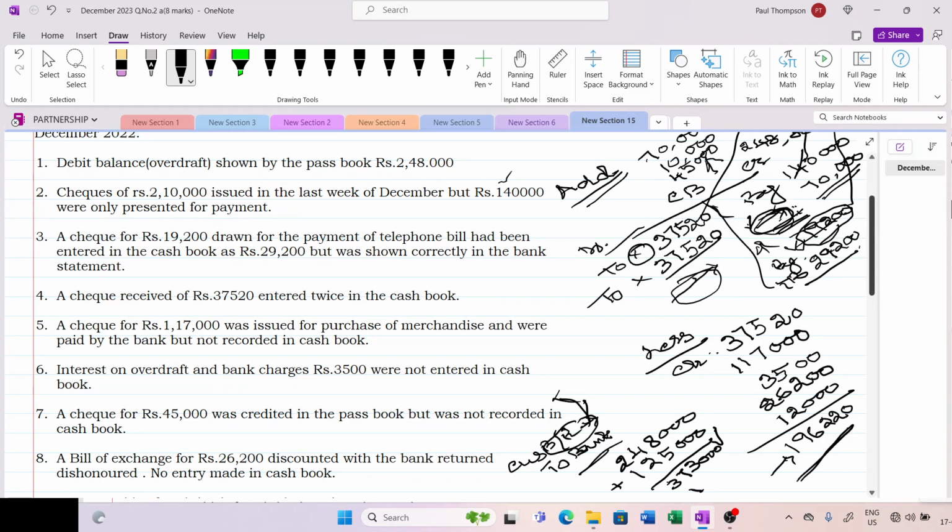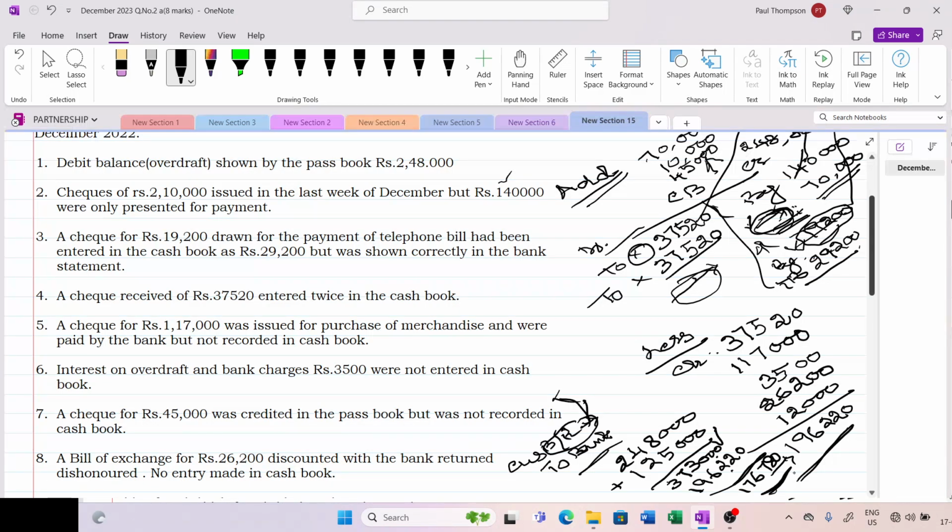And what are you going to reduce from that overdraft? 1,96,220. What would be the resultant figure? 3,73,000 minus 1,96,220 comes to 1,76,780. This is overdraft because the total of increased overdraft is 3,73,000 and the reducing amount is only this much.